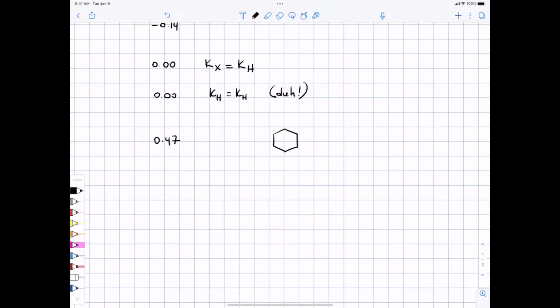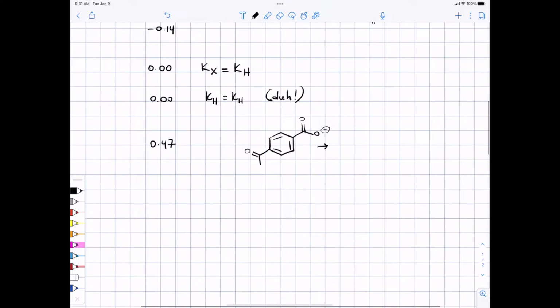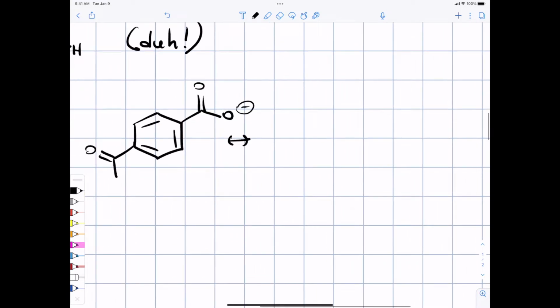I'm going to draw the para-acetyl benzoic acid and show you that by resonance I can place a positive charge. And I'm only going to draw one of these resonance structures. There are others that we could draw, right?